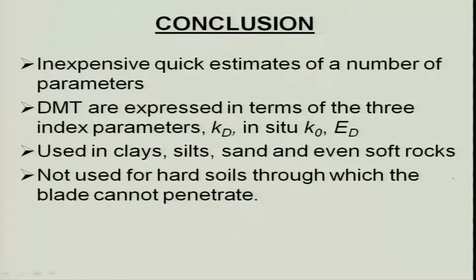K0, Cu, phi and your consolidation parameter, permeability parameter. DMT results are expressed in terms of 3 index parameters: Kd, in situ K0 and Ed. As I said earlier, it is used in clays, silt, sand, even soft rocks, not used for hard soil through which the blade cannot penetrate.